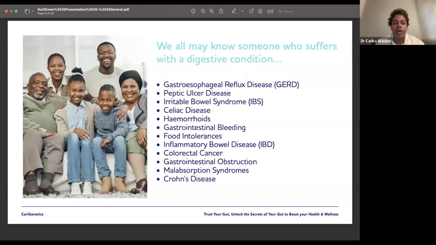All right, we may all know someone who is suffering from a digestive condition. There are many, and some are more known to the average person than others.